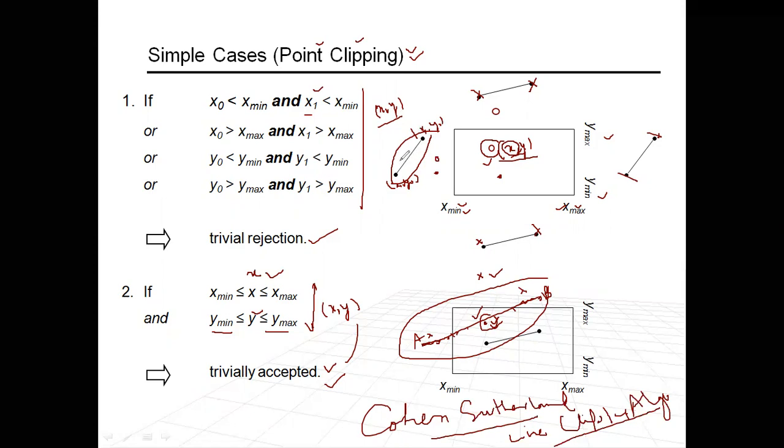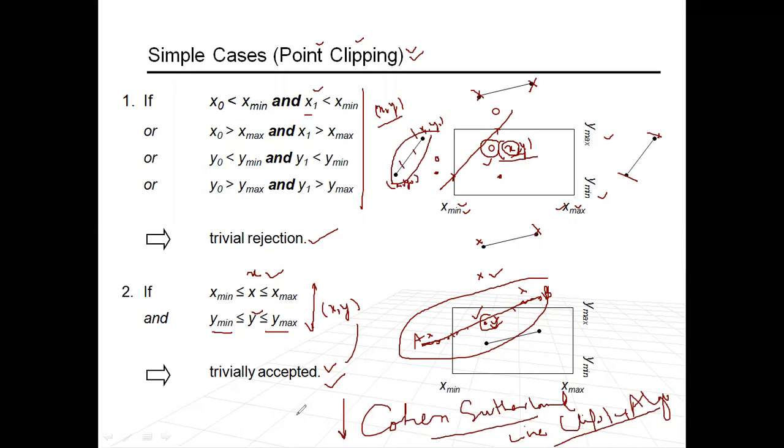So we must have another method to clip a line in one go across the edges. That will be solved by the Cohen Sutherland line clipping algorithm. I'll cover this algorithm in the next lecture.